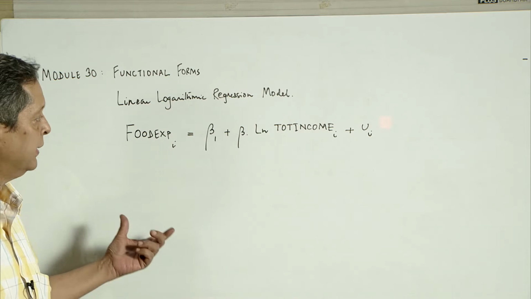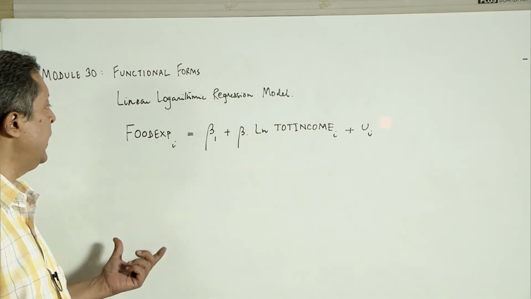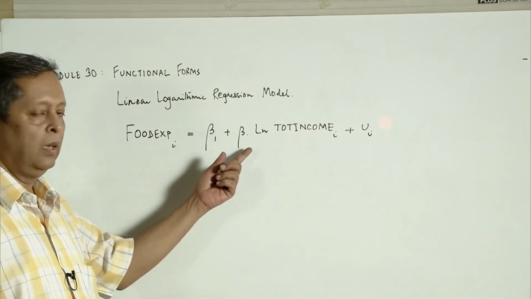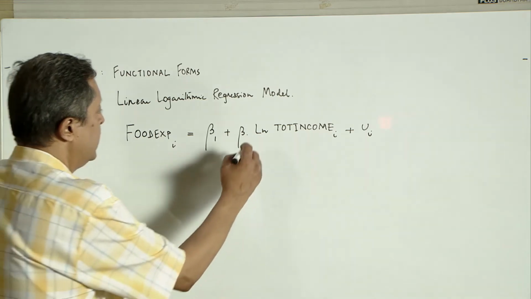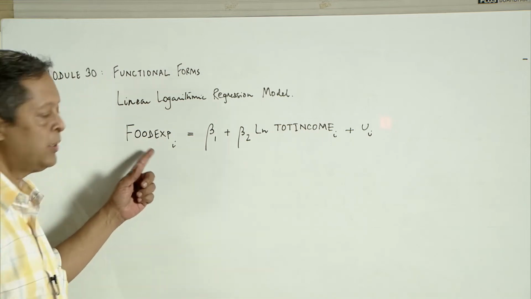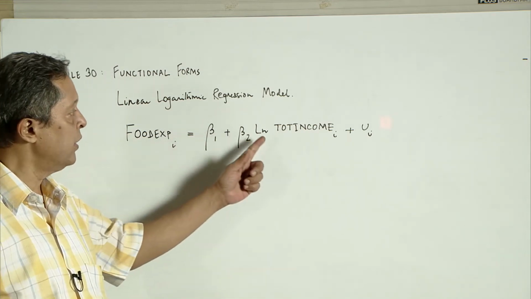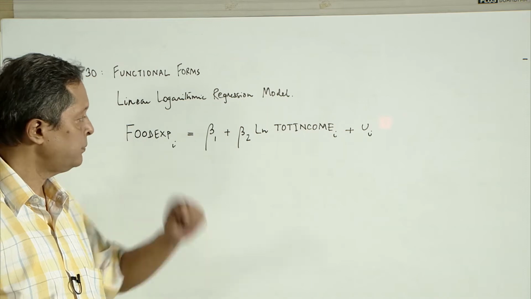As you would have noted, this is a simpler case. Earlier we had price regressed on two variables, square feet and number of bedrooms. So, here we have food expenditure regressed on the logarithm of total income.